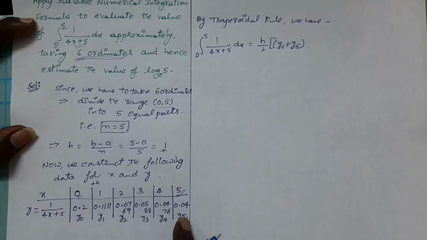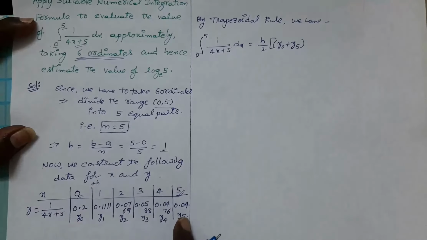Replace all values here. H value is 1, so 1 by 2. The sum of first and last is 0.2 plus 0.04, plus 2 times y1, 0.1111, plus 0.07 plus 0.0588 plus 0.0476. Close the brackets.